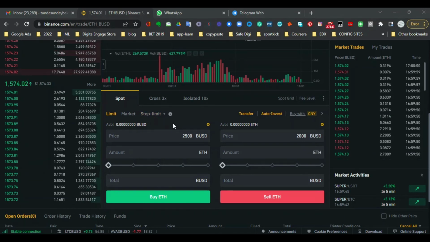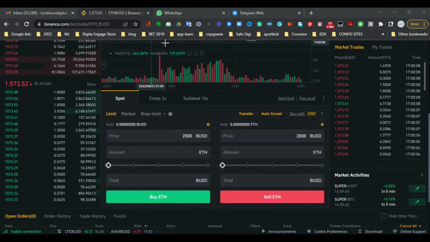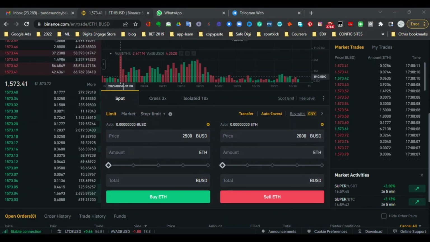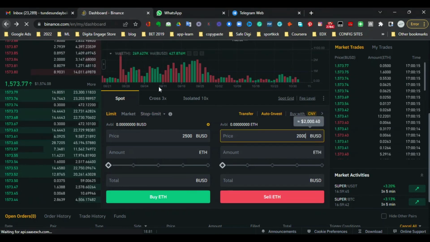We want to place a buy limit order. So in your Binance, let me show us how to get to the spot trading terminal. Going back to my dashboard.